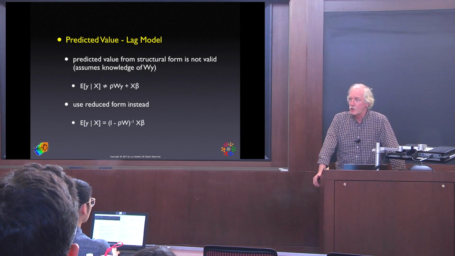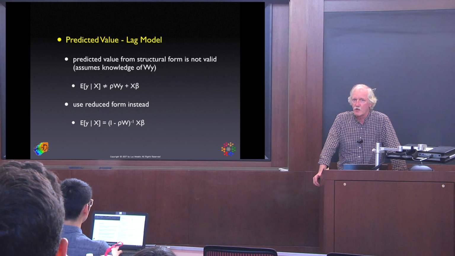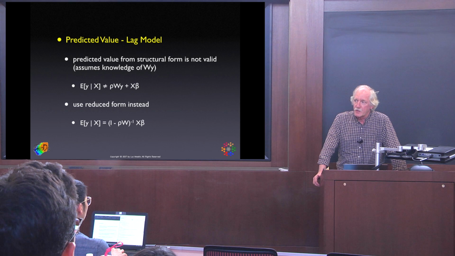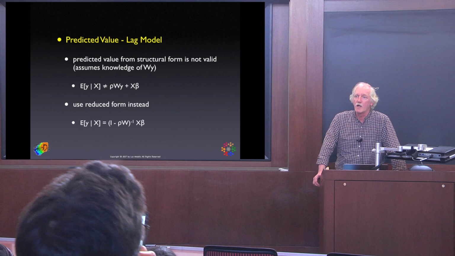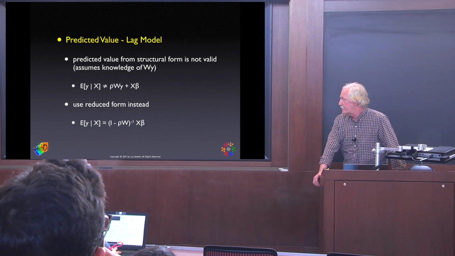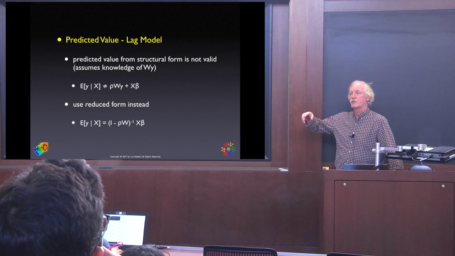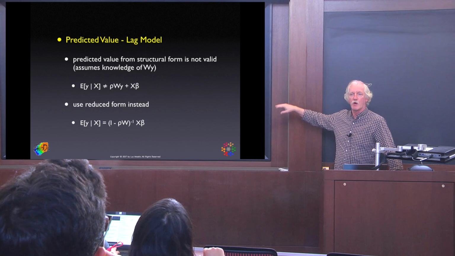Now, as it turns out, and you may remember this from my discussion of the spatial multiplier, if the weights matrix is row standardized, and since rho is typically less than 1, you can write this inverse as an expansion. Identity matrix plus rho W plus rho squared W squared plus rho third power, and so on.